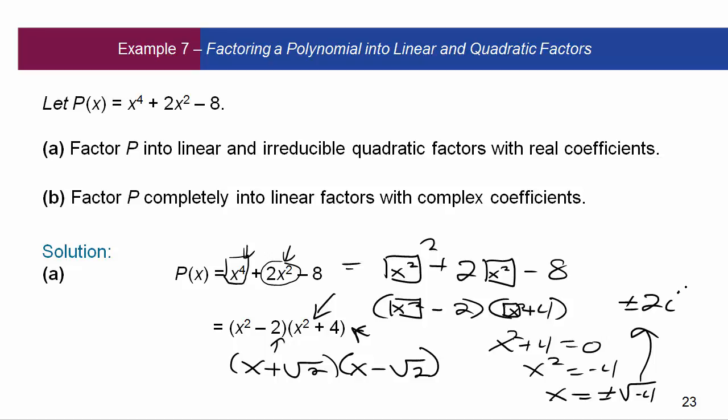So if we were not living in the complex world, then the lowest we could reduce this thing would be x plus square root of 2 times x minus square root of 2 times that quadratic of x squared plus 4, and we'd be done. But if we're allowed to go into the complex world and give imaginary answers, then it would reduce down further to, right, x plus 2i and x minus 2i.